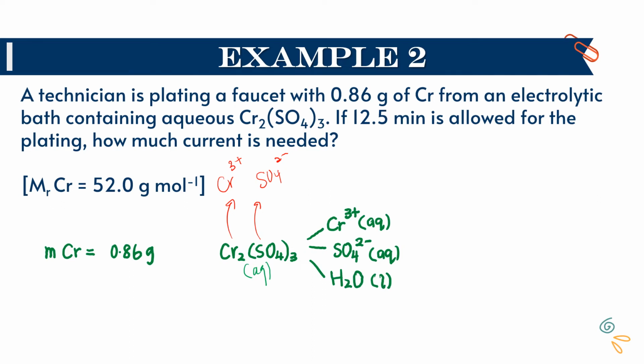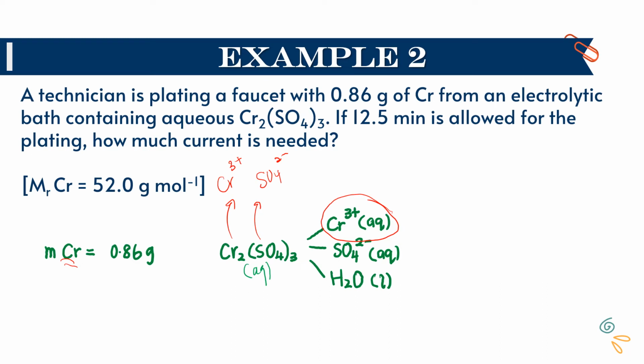So kita tahu tadi, target kita adalah chromium. So maksudnya, dia akan berkait dengan chromium 3+ ion dekat situ. Chromium 3+ akan hasilkan produk dia chromium. Chromium 3+ is a cation.